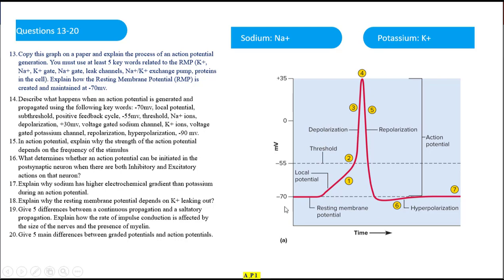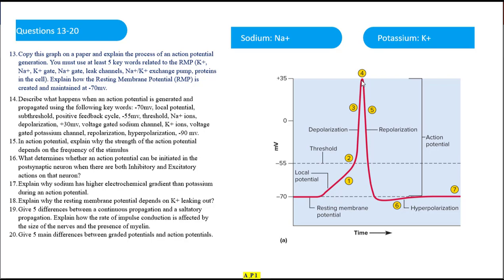Why? Because remember the cell used to be negative inside and positive outside. Now it's positive inside and positive outside. There's no pole. There's no plus and minus. It is depolarized. You remove the pole. Then when it gets to plus 35, the sodium gates will close and the potassium gates open.